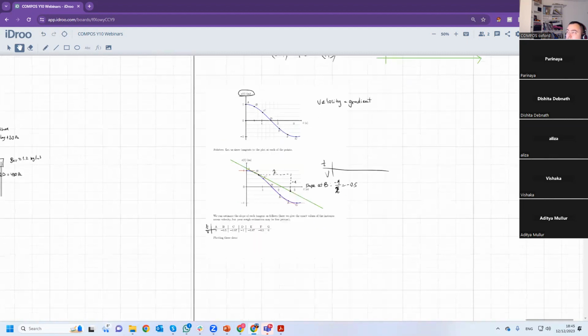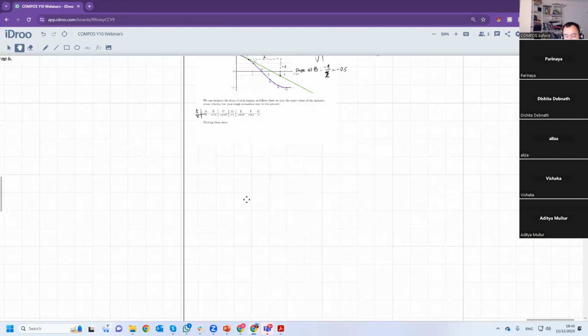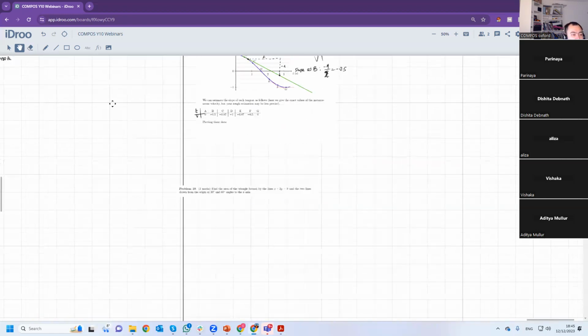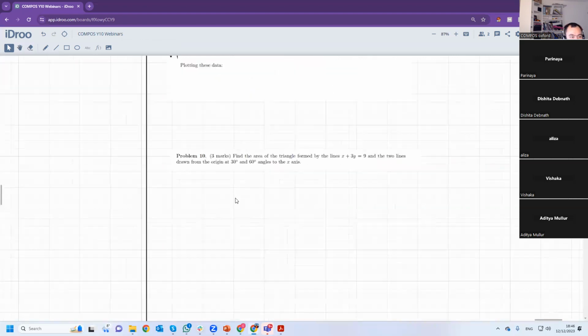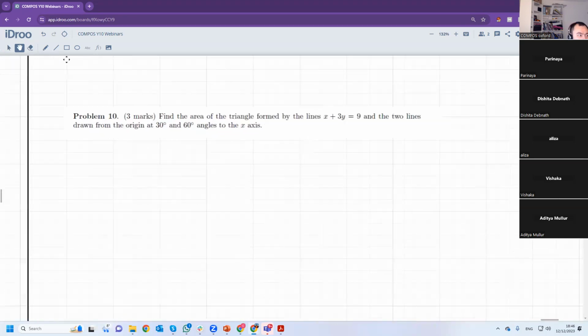Okay. Problem 10 in maths. I'd say the answer to question 10 is a good diagram. Let's have a look. Problem 10. Find the area of a triangle formed by the line x plus 3y equals 9.